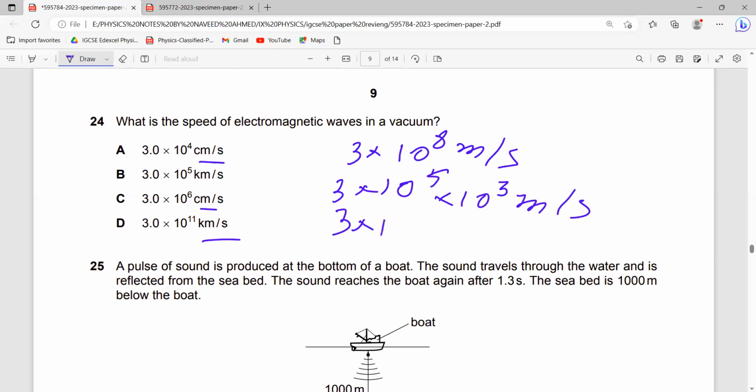This is the prefix 10 power 3 standing for 1000 or kilo. So option B is the right one.